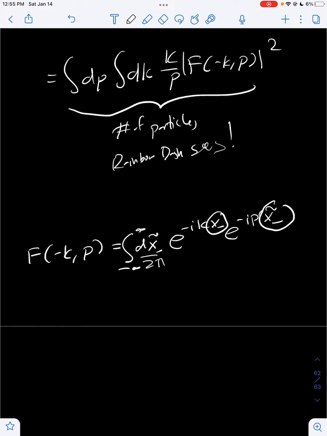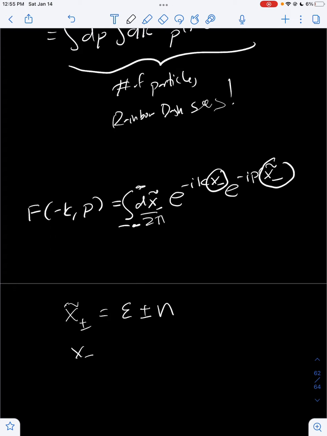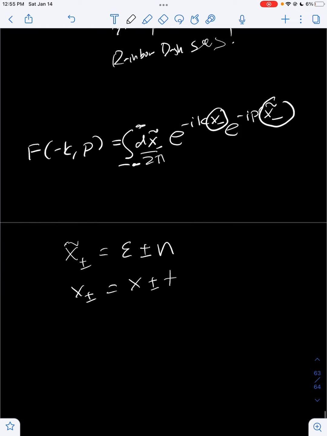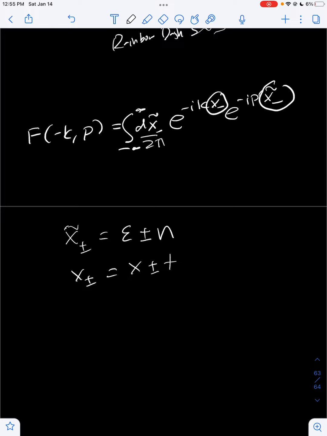So to do that, we have to first recall the definition of x tilde. X tilde is going to be epsilon plus or minus n. And then x plus or minus is going to be x plus or minus t. So we want to recall that t equals 1 over a e to the a epsilon.